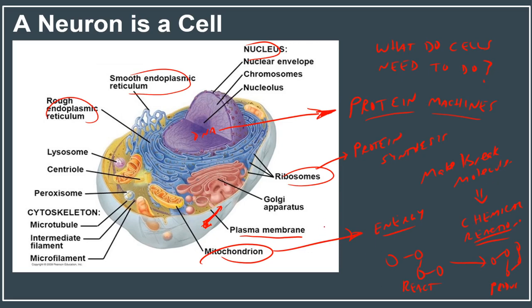That's what a chemical reaction is all about. So all cells have to do chemical reactions, and they have to have tight control of that chemistry. That's one of the reasons why this plasma membrane keeps everything outside out, and keeps that internal milieu well controlled, because you need to control everything.